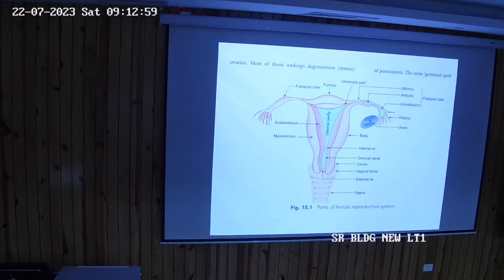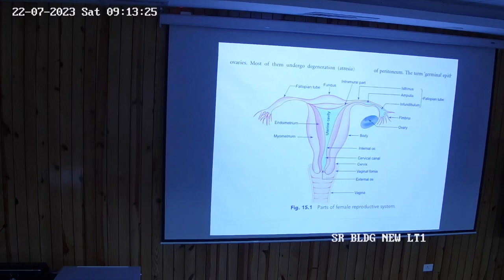So this should be clear. Books mention it as germinal epithelium, but it does not provide any oocyte. It is the outermost covering of the ovary. Alright. Below this, there is a connective tissue mass called the tunica albuginea.